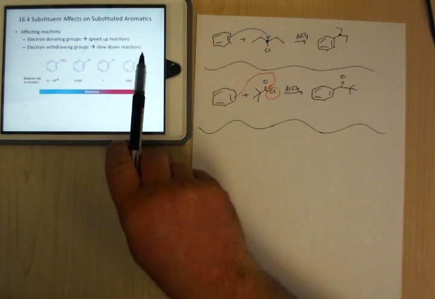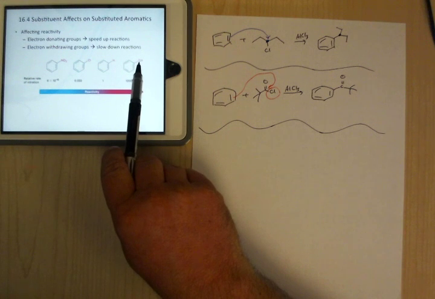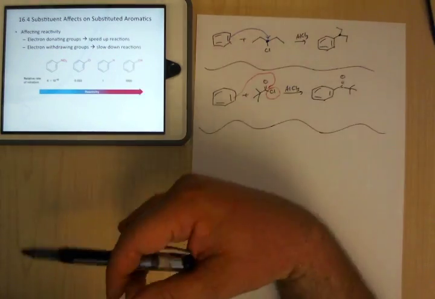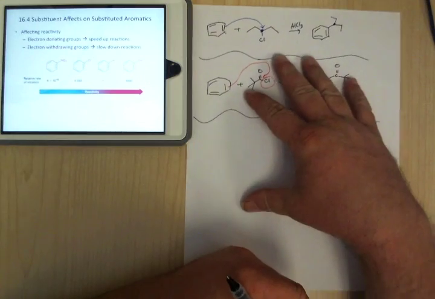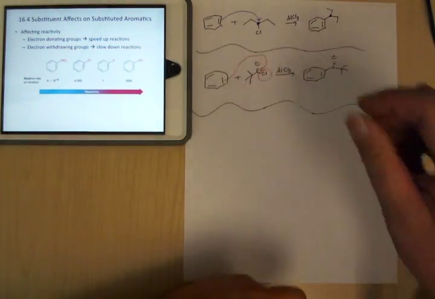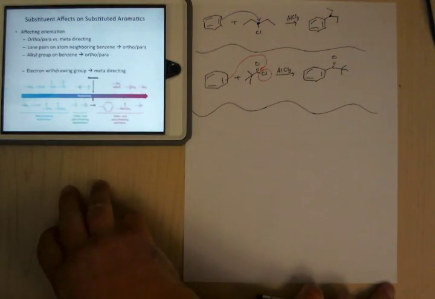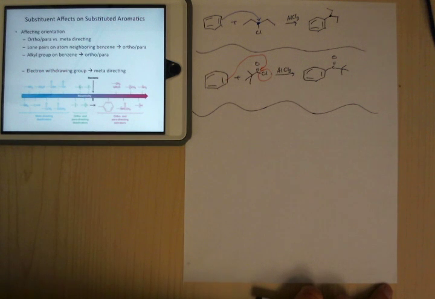But if you have electron donating groups, where you have lone pairs right next to the ring, those can put the lone pairs onto the ring, and the reaction speeds up. What ends up happening with this is you get this ortho-para and meta-directing.